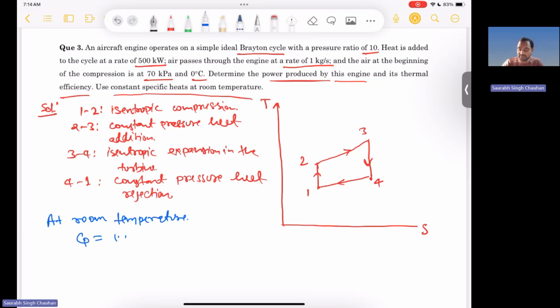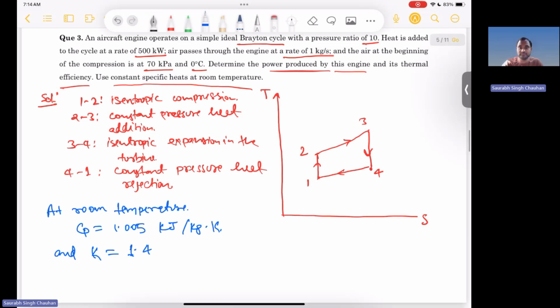Cp is 1.005 kilojoule per kg Kelvin, and k is 1.4. K or gamma, whatever you want to write, it is up to you.